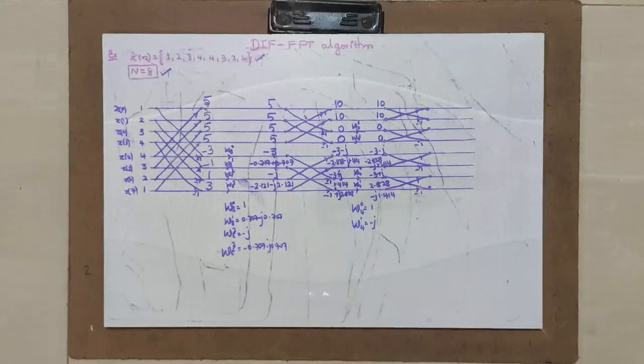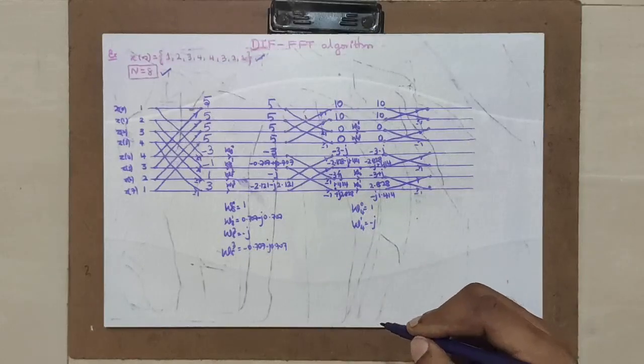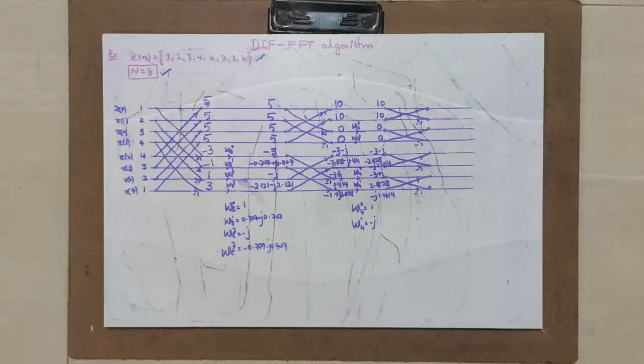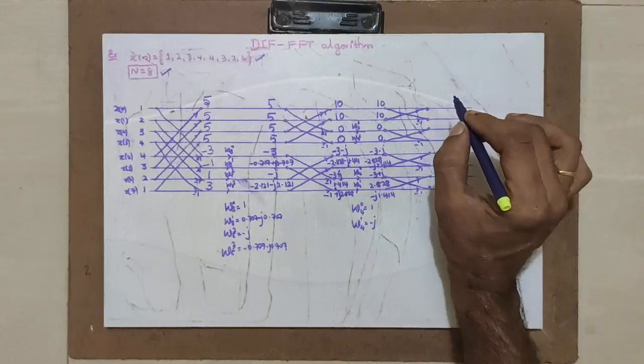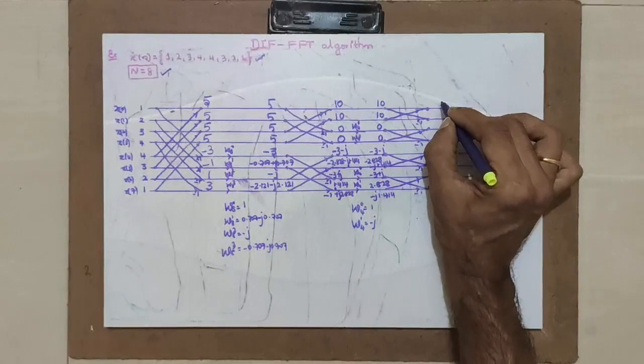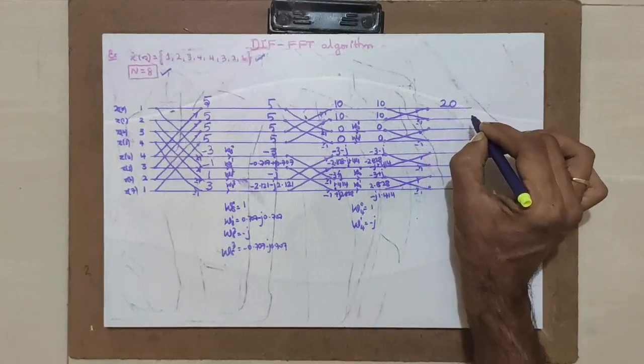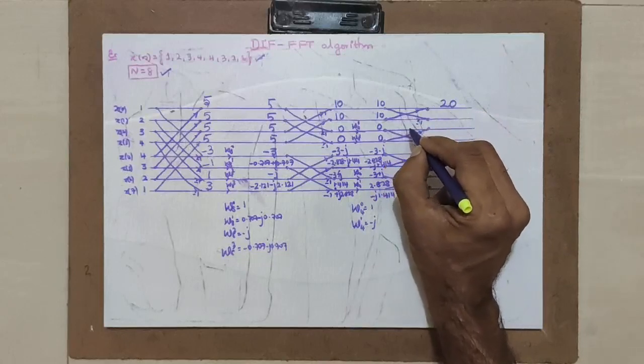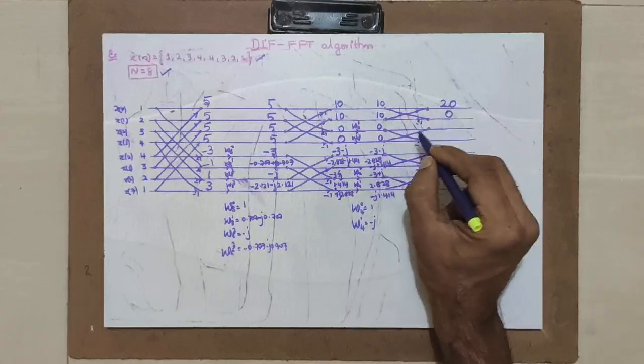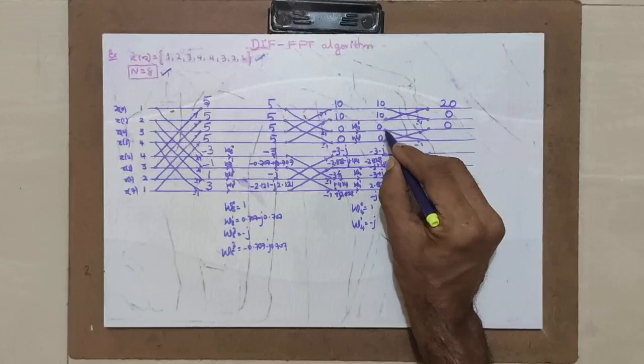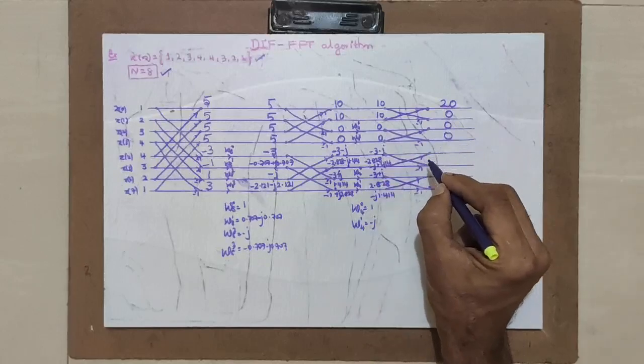Now we are into the last stage of getting the answer. 10 plus 10, 20. I am directly writing the answer, then let me decode it. And then 10 minus 10, 0. 0 plus 0, 0. 0 minus 0, 0.